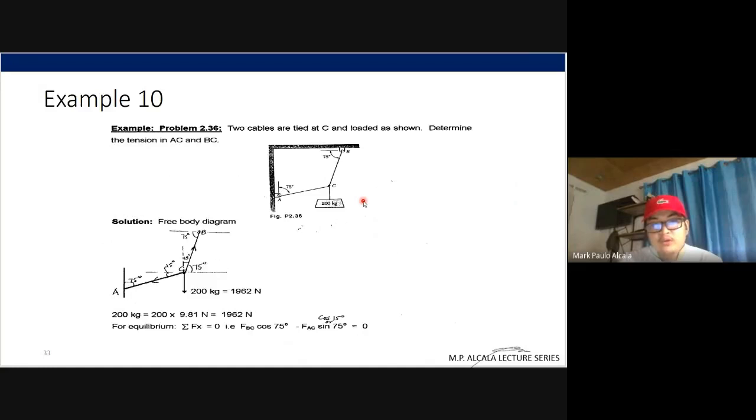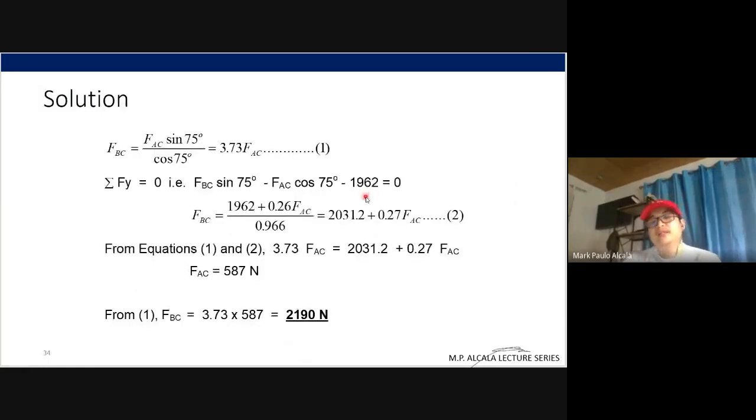That is equivalent to your weight, 200 multiplied by 9.81. That will be 1962. So here we have one equation with two unknowns. That's why we need to get another equation. From the two equations, two unknowns rather.